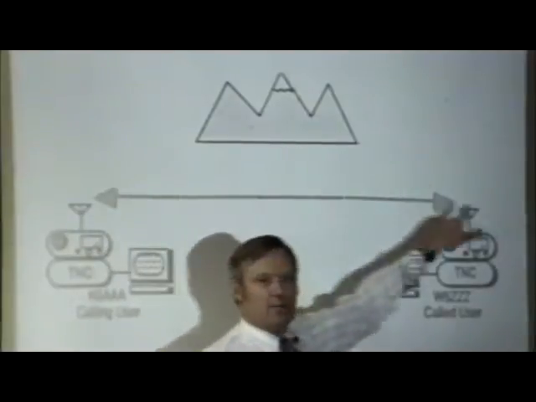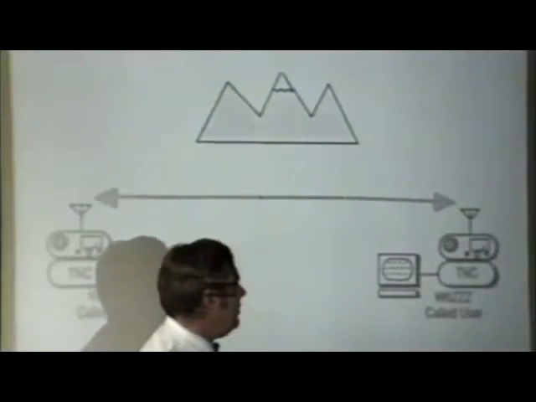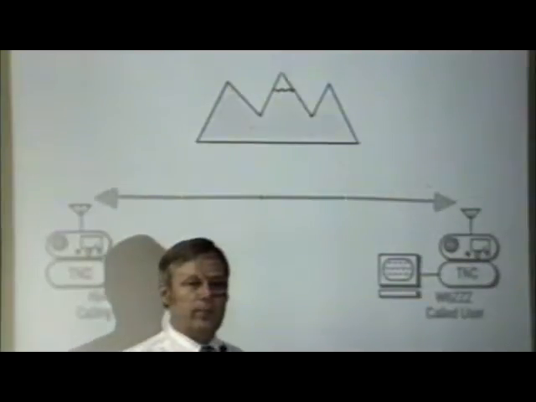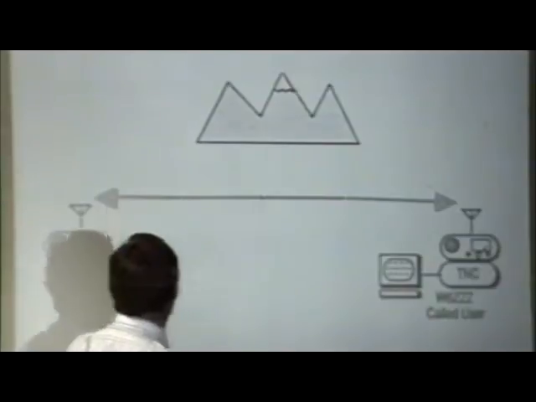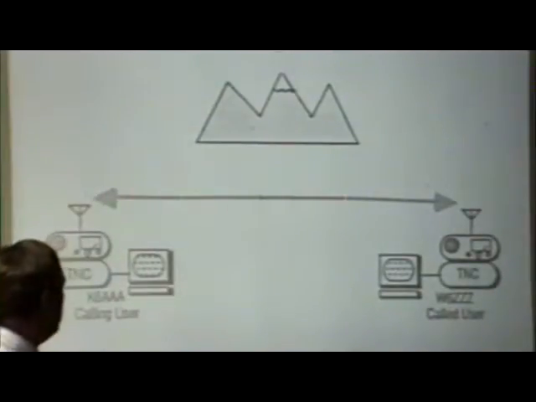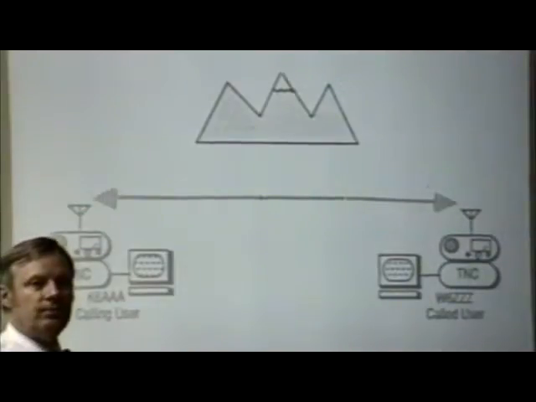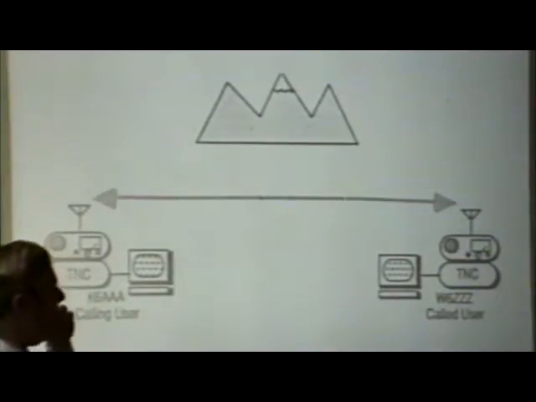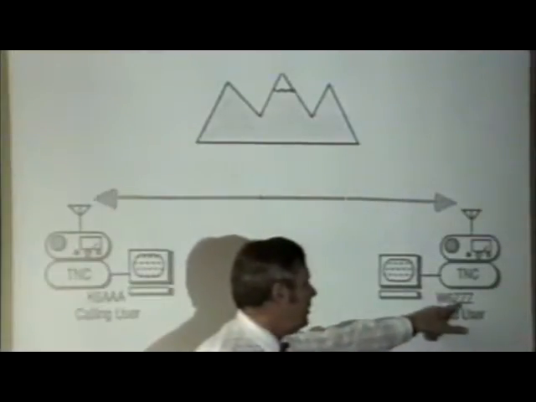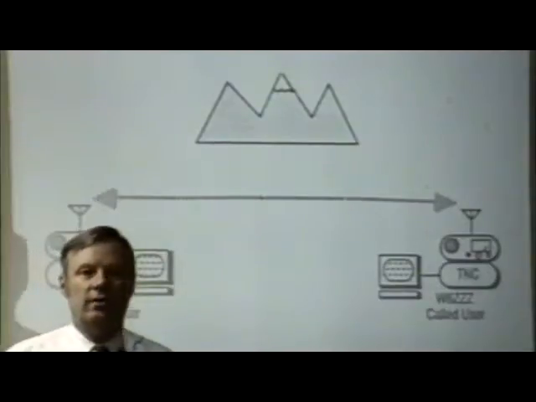He sends the SABM, remember the SABM, the connect request? W6ZZZ's TNC sees it, sends a UA back to K6AAA. We now have a virtual channel. Anything that K6AAA types or W6ZZZ types appears on the other end's screen as long as it is error-free.